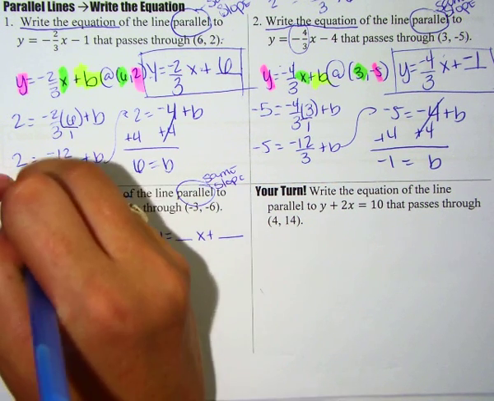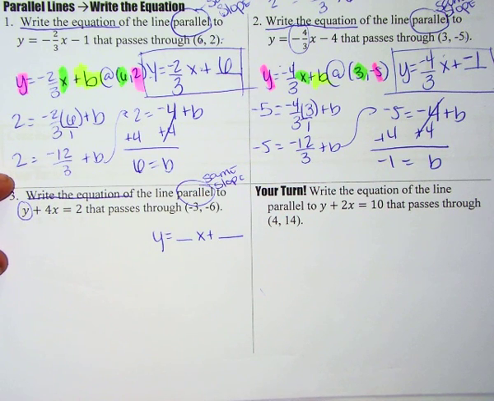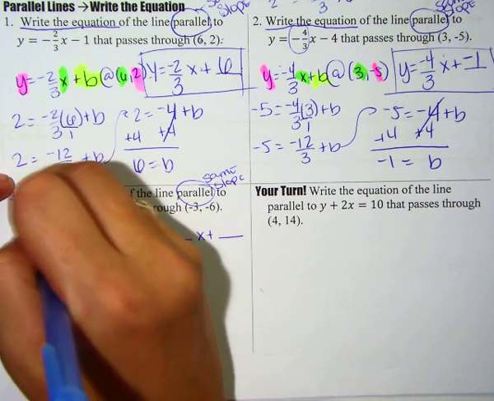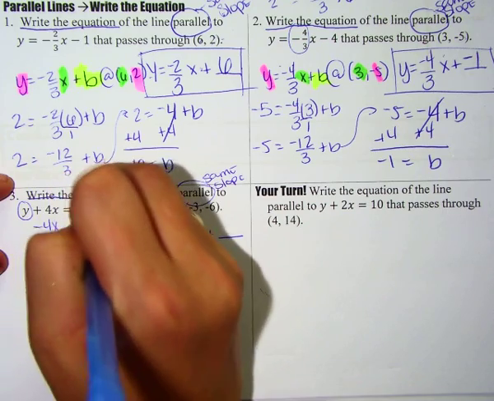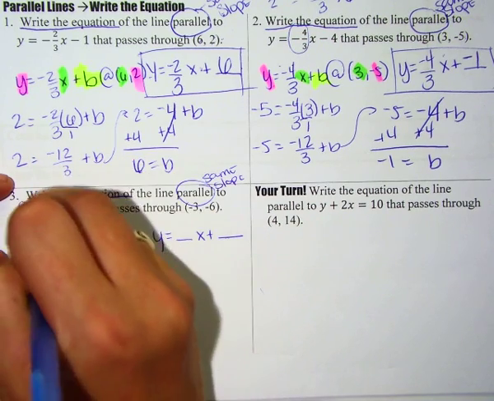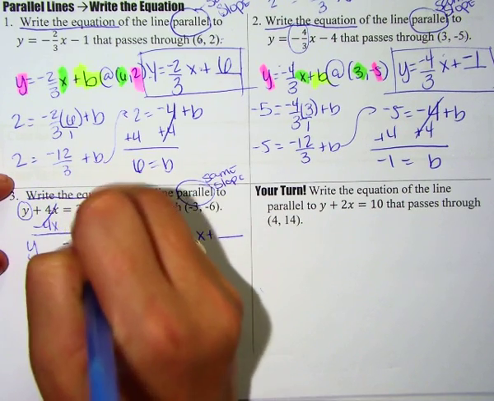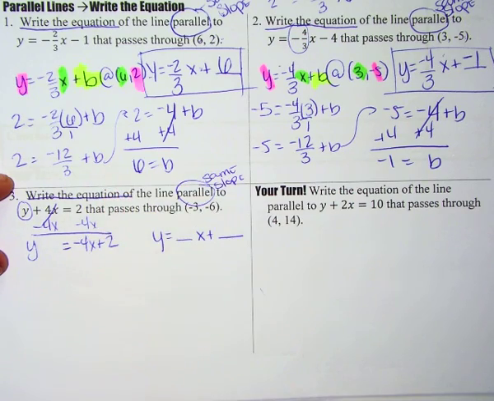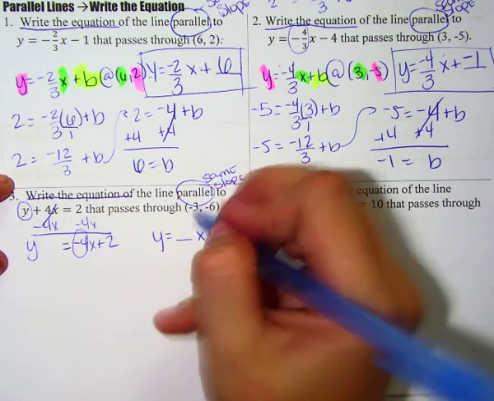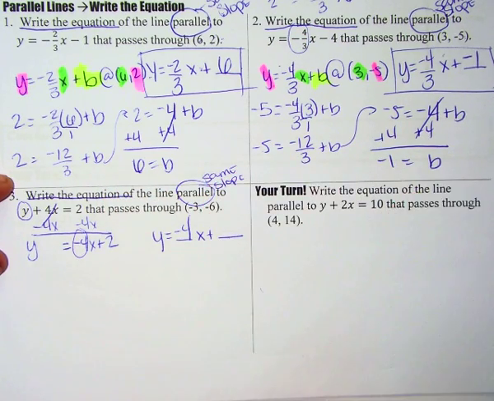So what I first need to do is get in slope-intercept form, which means I need to isolate y. So I'll go ahead and subtract 4x on both sides. y equals negative 4x plus 2. Now I know my slope is negative 4, and I can solve for my y-intercept.